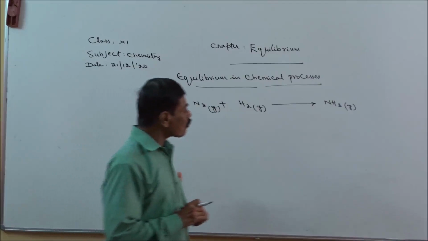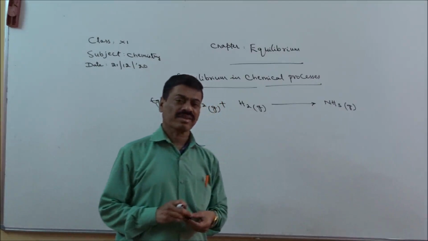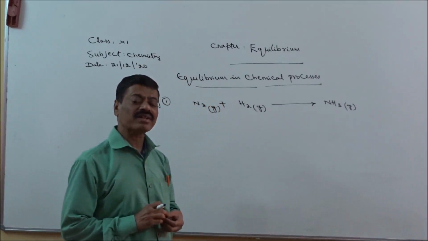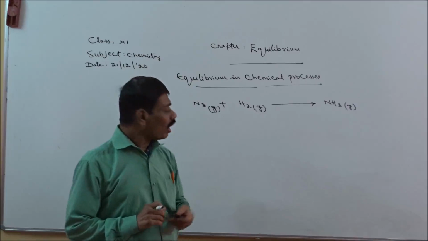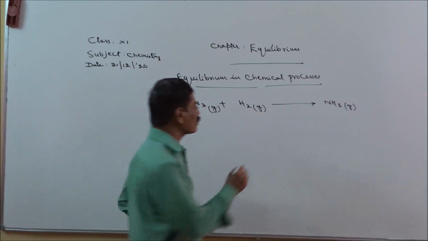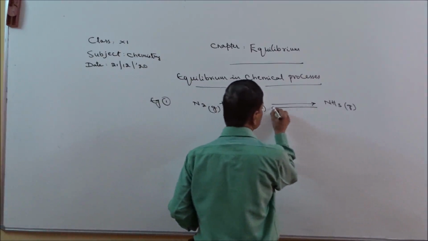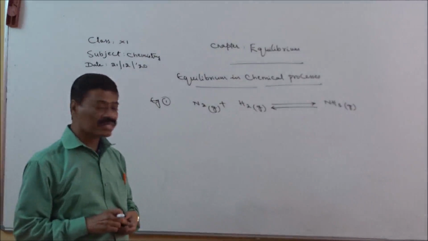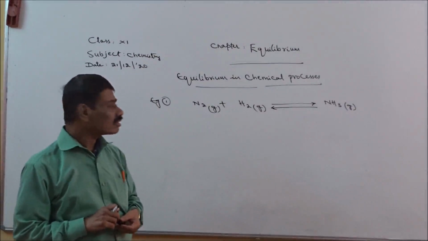And the so formed ammonia gas, if it is not allowed into the atmosphere, and in turn if it undergoes change and in the backward direction gives rise to reactants, then after a particular time equilibrium is established between the reactants and the products.